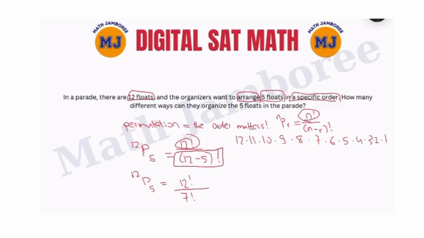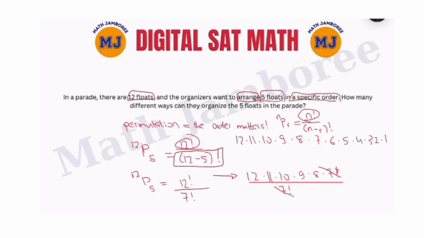You can stop at 7, which will look like this: 12 times 11 times 10 times 9 times 8 times 7, and stop there. Factorial, actually yes, factorial, I'm sorry. And then 7 factorial on the bottom, and the 7 factorial and the denominator are gonna cancel each other out, so you're left with this.